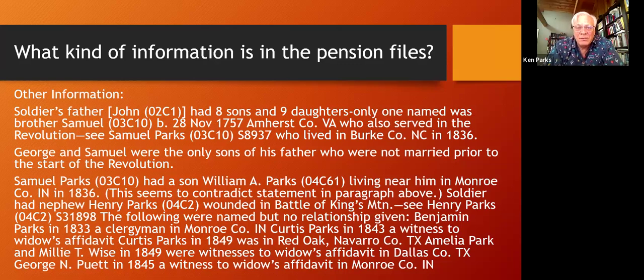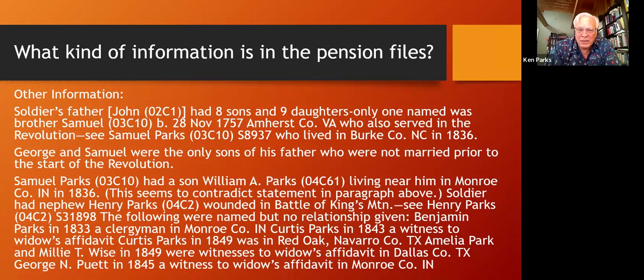The soldier's father, who was a John Parks, had 8 sons and 9 daughters, so meaning George, our guy, had 7 brothers and 9 sisters. The only one named was a brother Samuel. We've identified him by his FGS number. And when he was born, which is in this pension file, but he also served in the Revolution, and we refer you to his pension file, which is listed there and is also on that list.